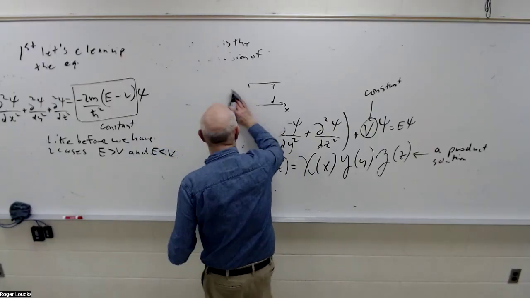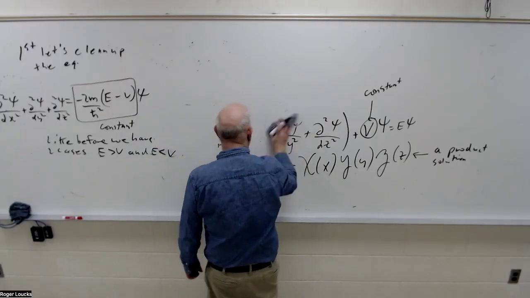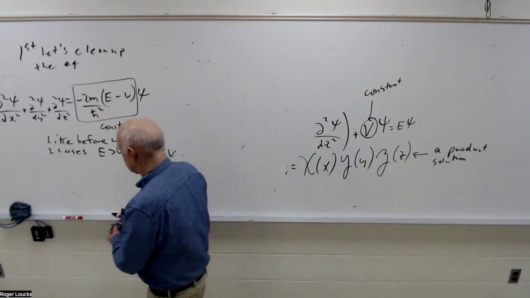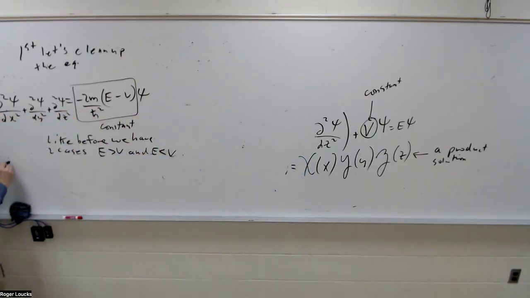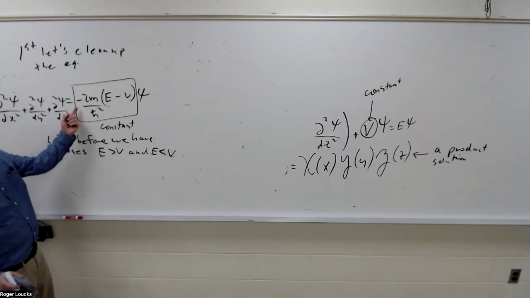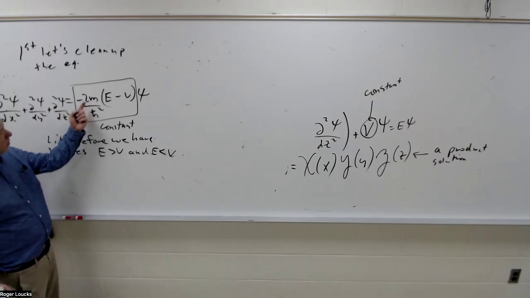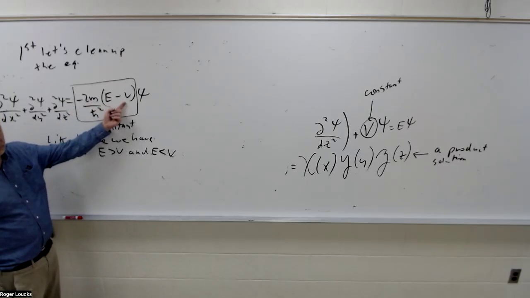Okay, what do we do if we have E greater than V? Zero. Yes, we always had the V equals zero case. Well, let's just say it's not zero yet. So is this part here, E minus V, positive or negative? Positive.